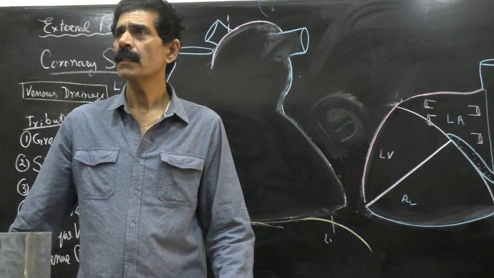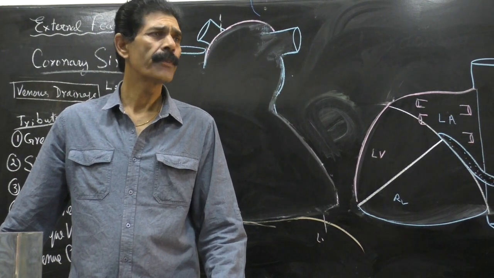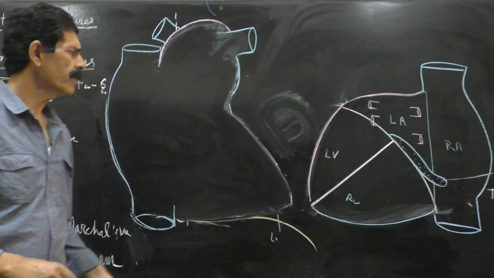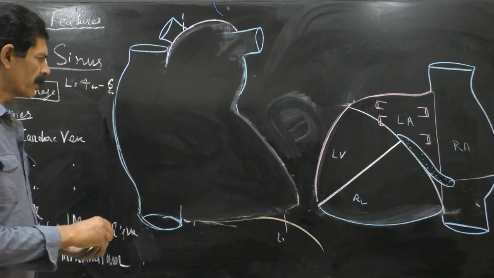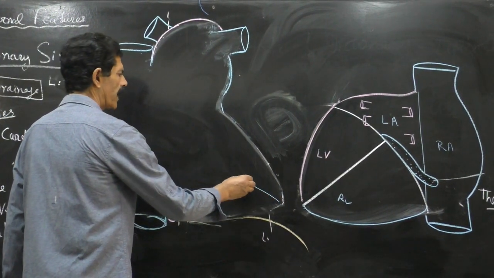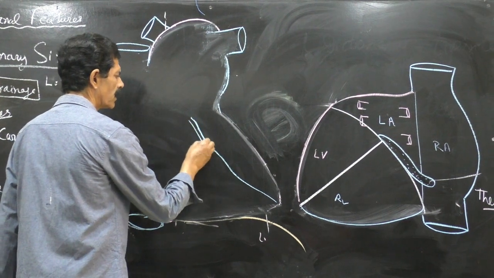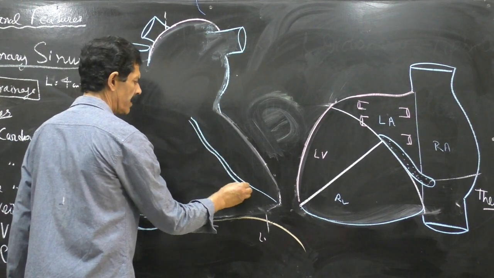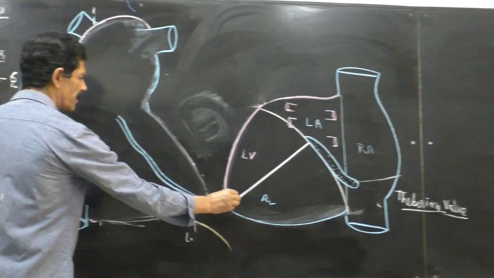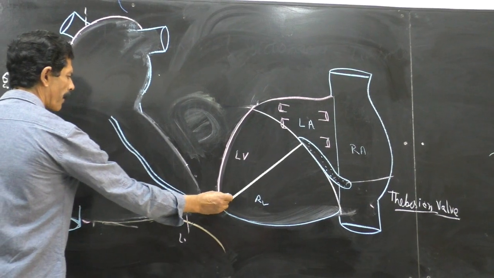So from the larger areas or walls of the heart, it brings the impure blood. This great cardiac vein actually starts near the apex and runs in the anterior interventricular sulcus, and it starts a little bit from the diaphragmatic surface of the heart.